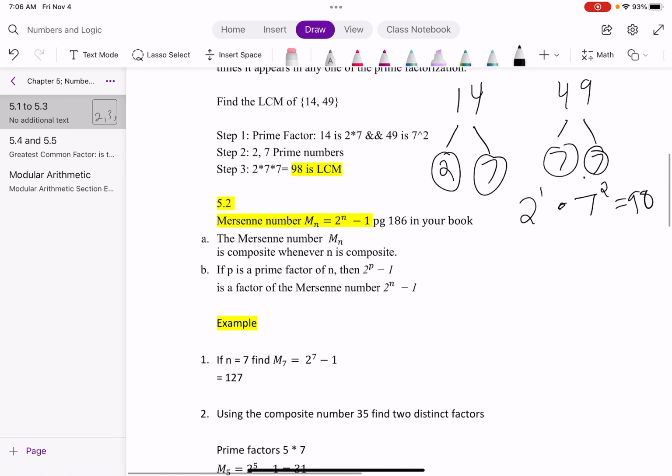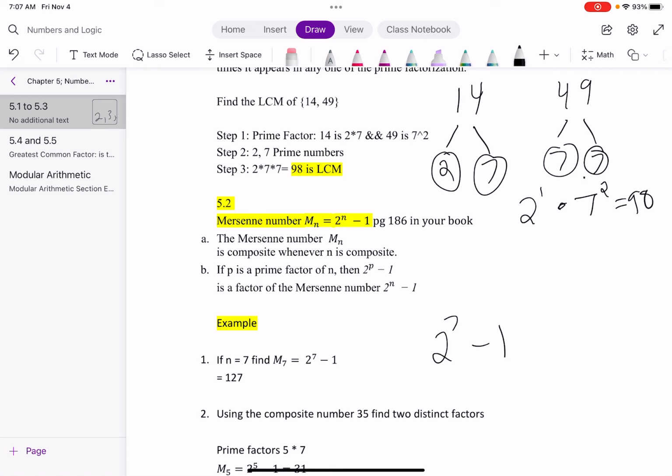So for example, if n is 7, find the Mersenne number of M7. What I do is take 2 to the 7th power minus 1. Now be careful how you put this in your calculator. The exponent is only the 7, then you get that answer and subtract 1.